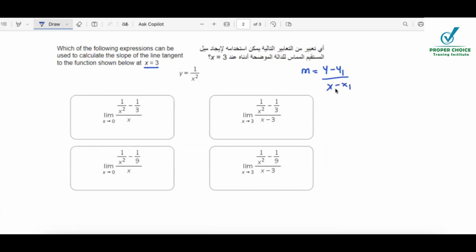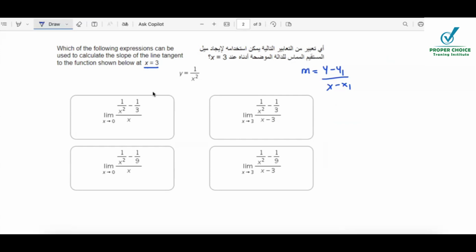Or generally you might have learned it as (y2 minus y1) by (x2 minus x1). But here we can also write it this way: (y minus y1) divided by (x minus x1), where x and y are the variables and (x1, y1) is the point where the line is tangent to the function.